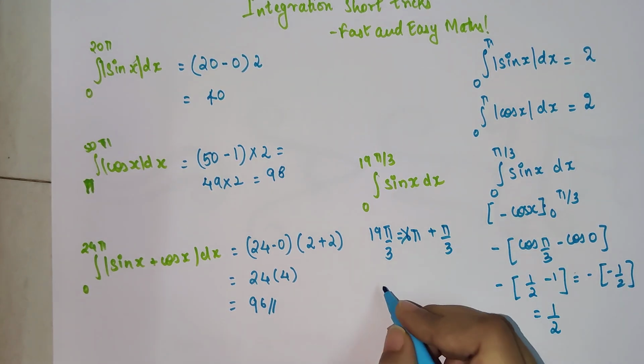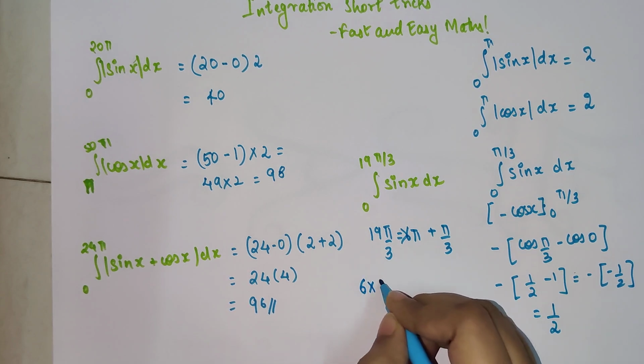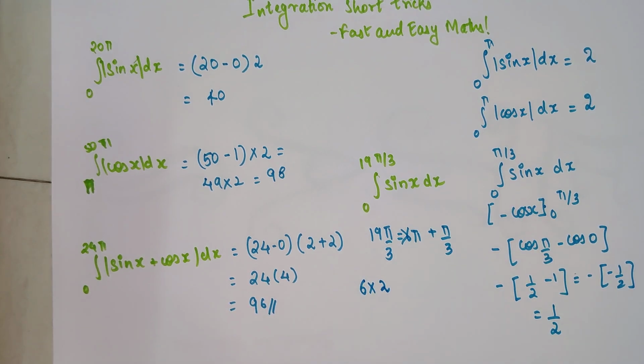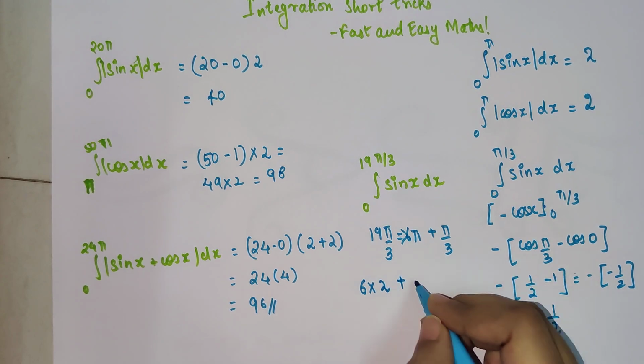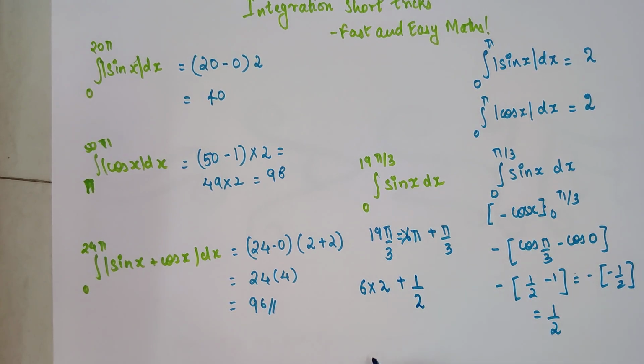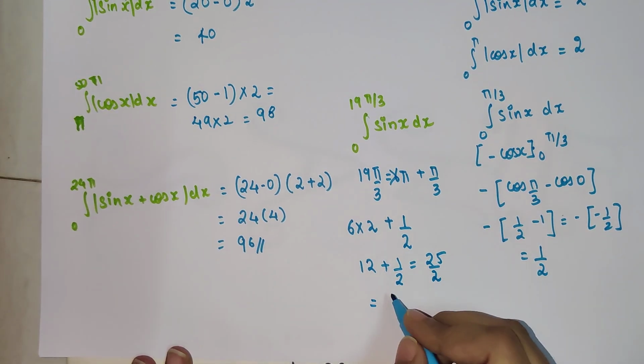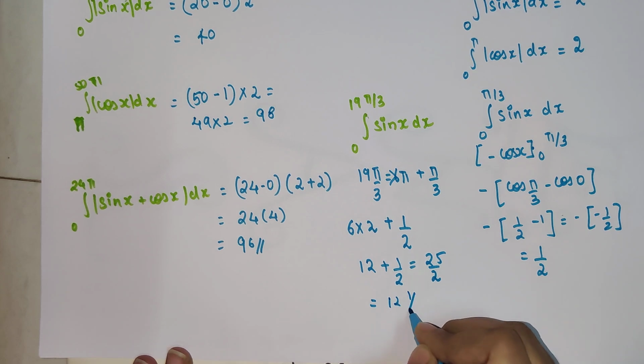So now we can write this as nothing but 6 into 2, correct? Plus the pi by 3 value, which is nothing but 1 upon 2. So your answer is 12 plus 1 upon 2, which is 25 by 2, which if you write it in mixed form, will be 12 1 by 2.